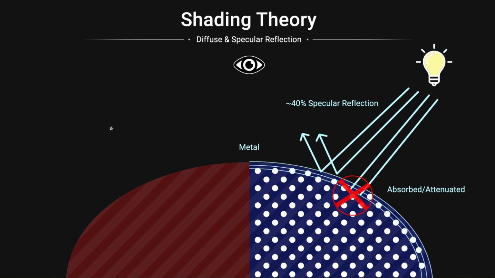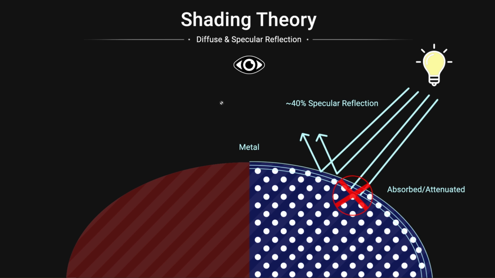Also, I should mention that part of what makes this around 40% of a specular reflection is just due to how densely packed these atoms are. As you can imagine, the more densely packed these atoms are, the more likely it is that light is going to hit one of these atoms and bounce off rather than be killed.